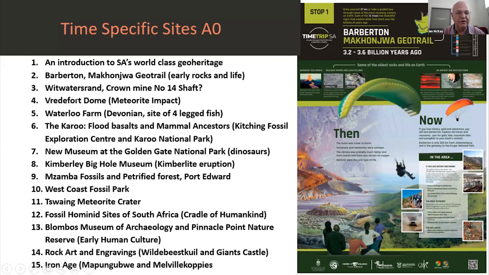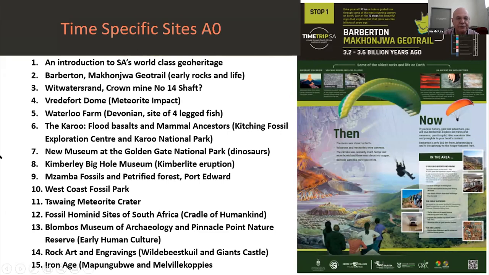The Vredefort Dome. Waterloo Farm, that's the Devonian site where they found those four-legged fish. The Karoo with its flood basalts and mammal ancestors. There's the Kitching Fossil Exploration Centre, the Karoo National Park, for example.